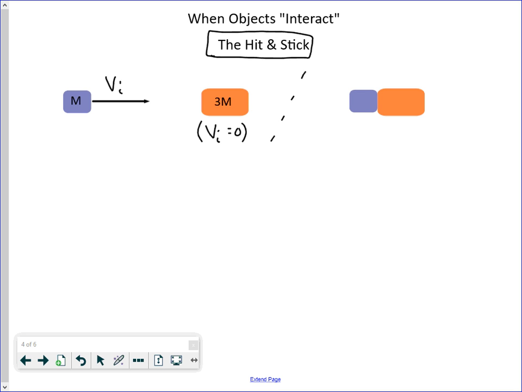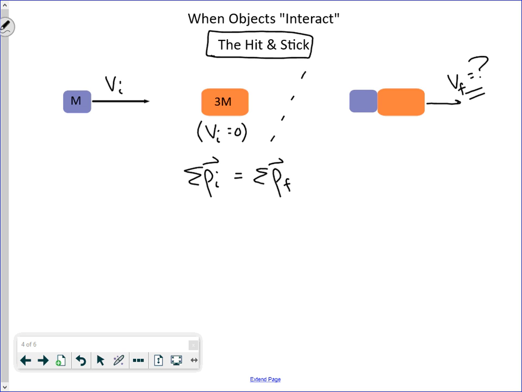So before the interaction, here comes mass m moving with speed v initial towards mass 3m. Afterwards, the two are moving at some final velocity that we'd like to express. There's a couple of ways to do it, but the most standard way is to apply the fact that momentum is conserved.